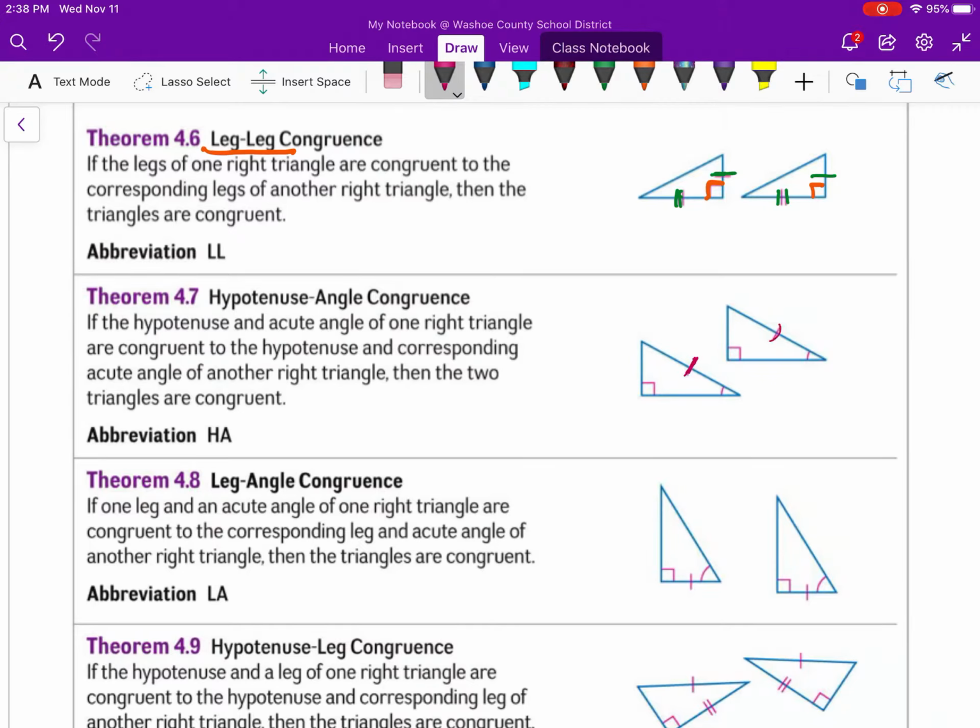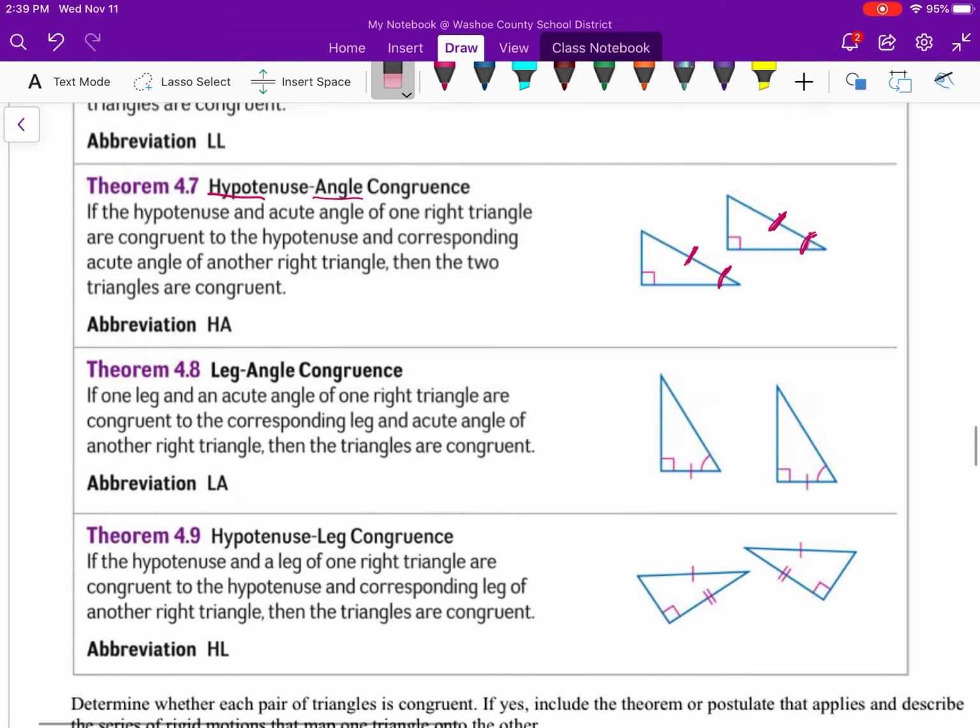In this case, I have a hypotenuse and an angle marked. Again, obviously the right angle is there, so that's already a given. I don't have to label that one. This one, you may think of as the angle side congruence theorem, but because it's a special case, we have a right triangle, then it's going to be called the hypotenuse angle theorem.